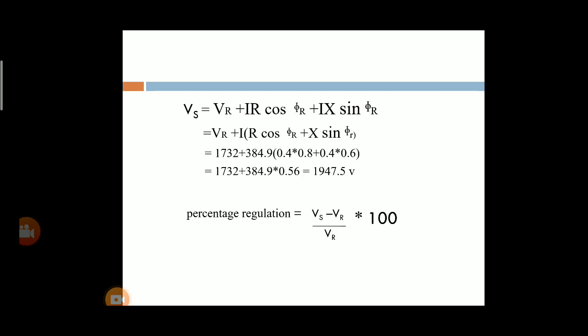Next we calculate the percentage voltage regulation. What is the formula for percentage voltage regulation? The formula is percentage voltage regulation equals Vs minus Vr by Vr into 100.